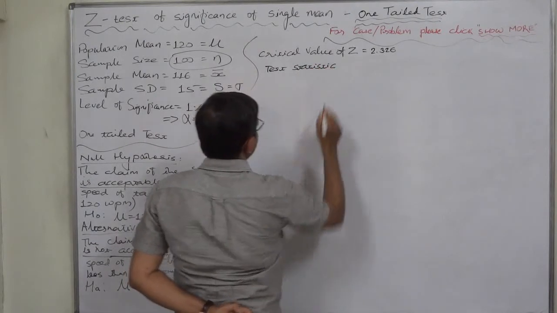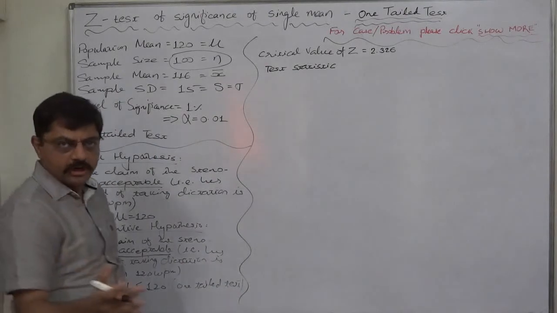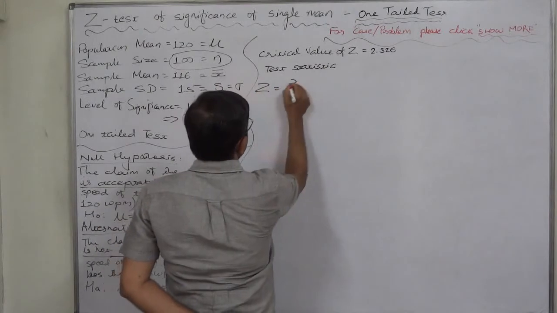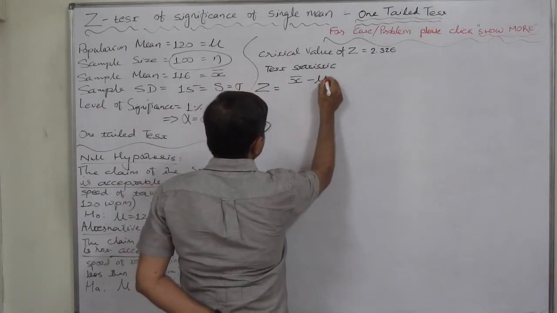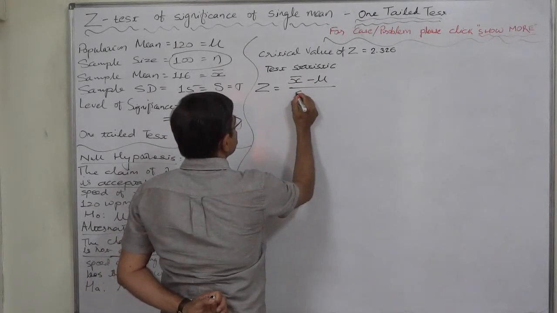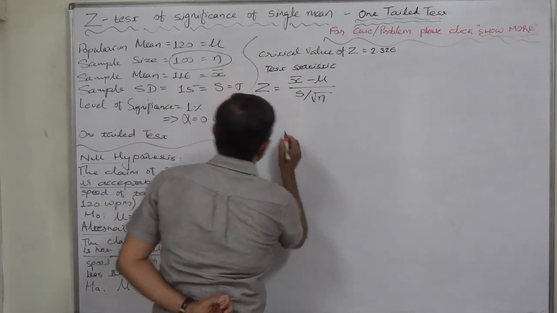First of all, we are going to calculate the test statistic, or observed value of Z, or calculated value of Z. Z is sample mean minus population mean upon standard deviation divided by square root of sample size.